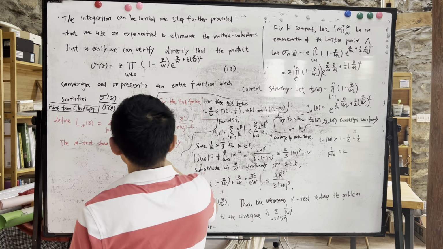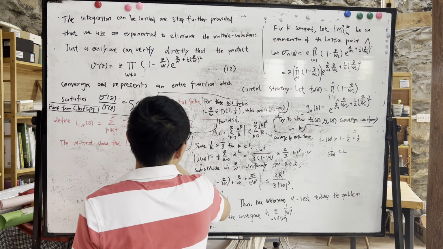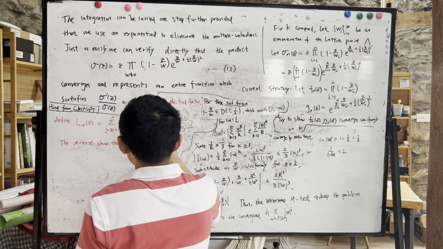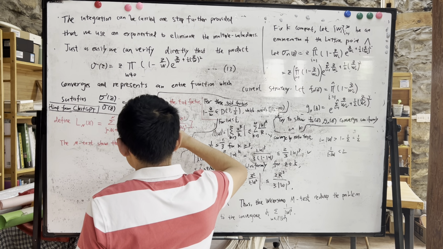Because in this case, this z is only contained in K, and this omega j is away from a bigger radius, the radius 2r, right?